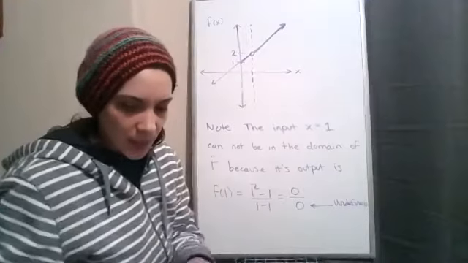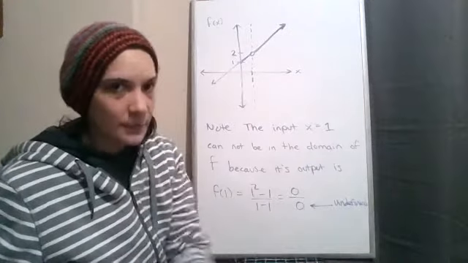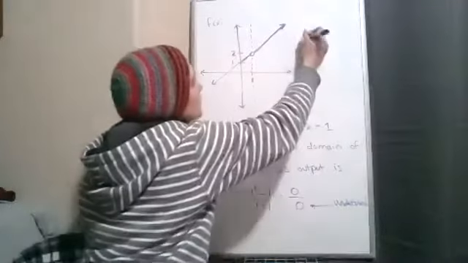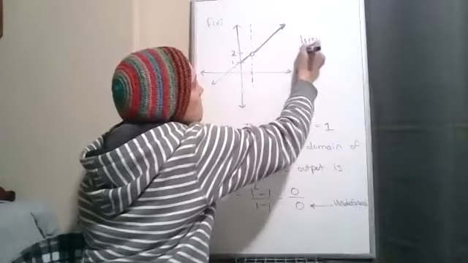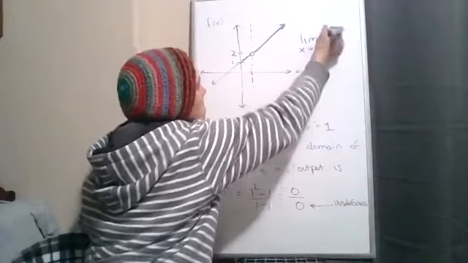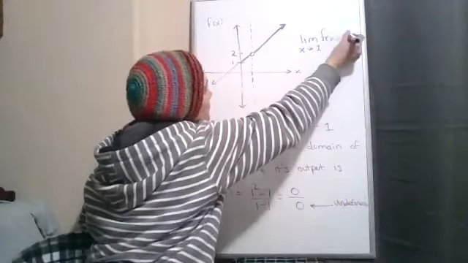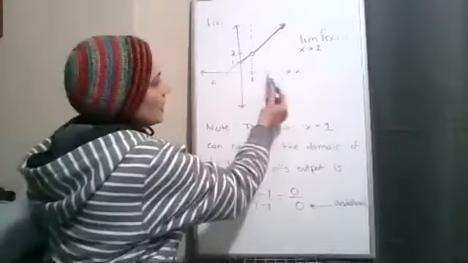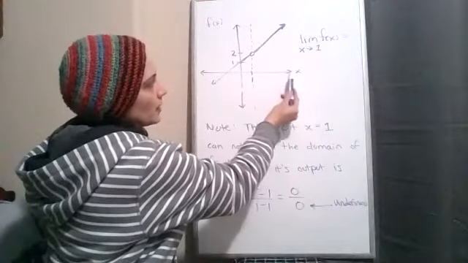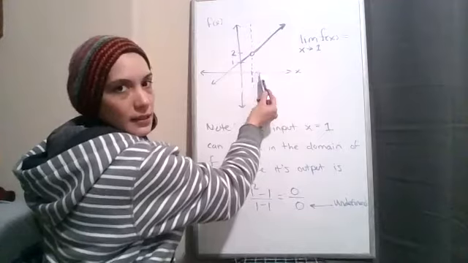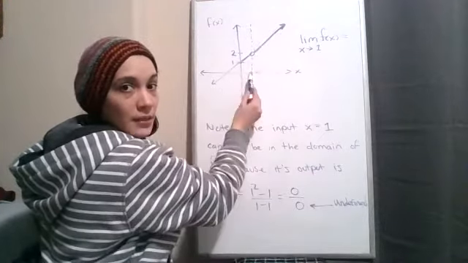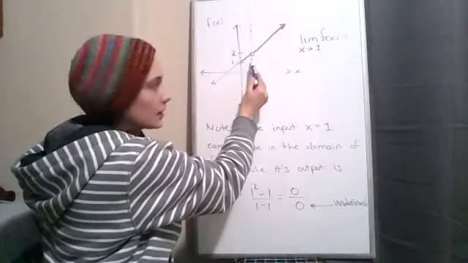So I wrote that the limit as x goes to 1 does exist. We can find the limit as x goes to 1 from the right: f of x goes to 2. As x goes to 1 from the left, f of x goes to 2.